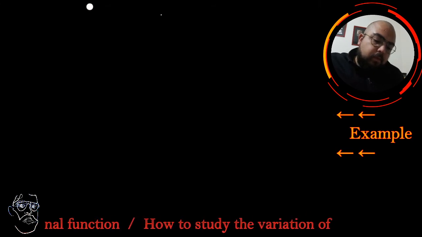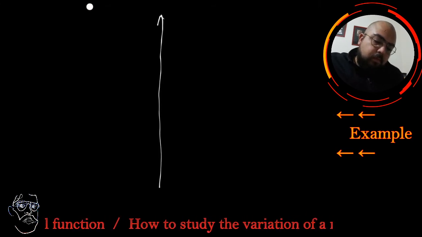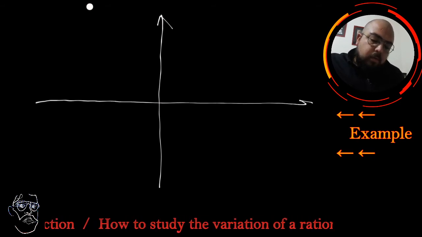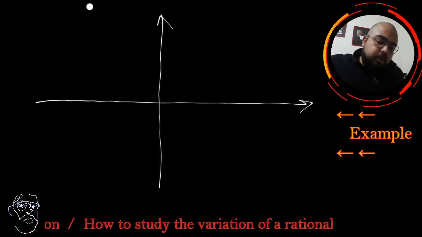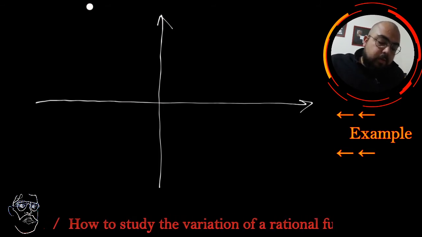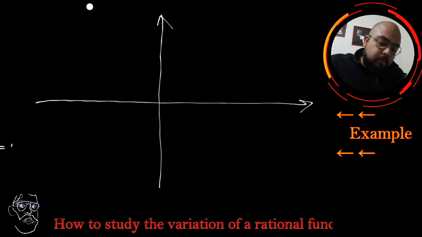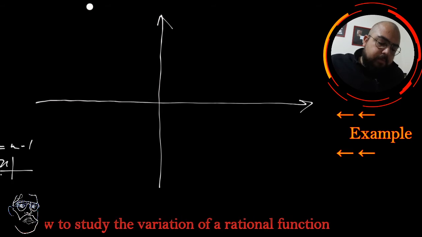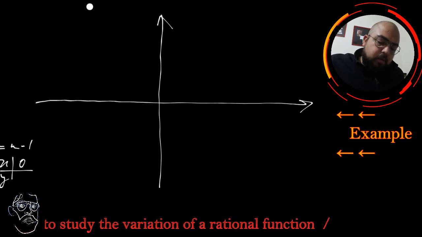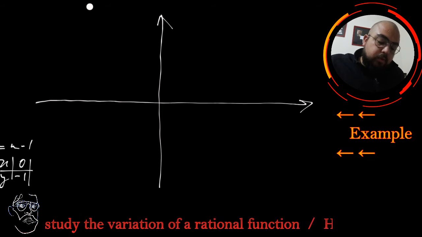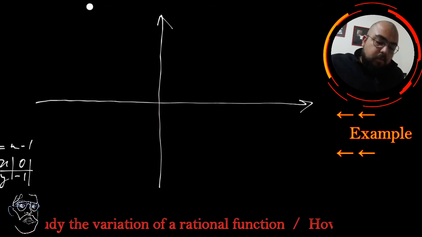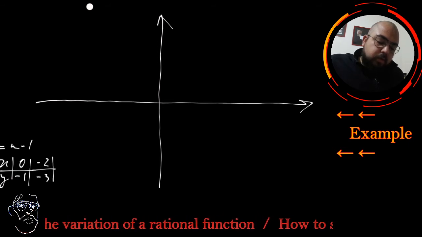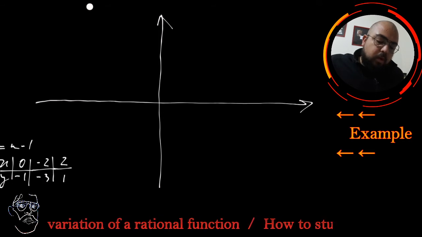So we have y is equal to x minus 1. So for x and y, x is equal to 0, y is equal to minus 1, x is equal to minus 2, y is equal to minus 3, x is equal to 2, y is equal to 1.